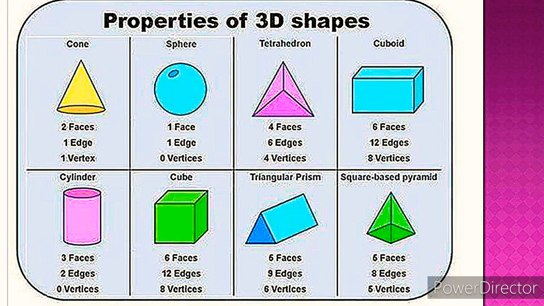These are properties of some of the three-dimensional shapes. For cone, you can see it's telling us that a cone has two surfaces, the curved surface and the flat surface, then one edge, then one vertex. And for some of the properties, some mathematicians tend to not agree.